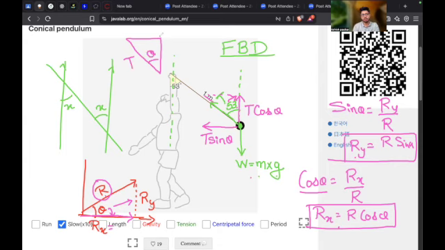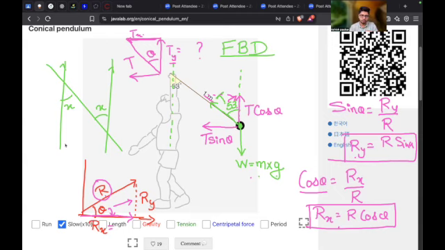Let's suppose this is the T y component that I have to find out, and this is the T x component. Ty here is T cos theta, because the angle is given on the upside. So hopefully you get the basic idea of that.